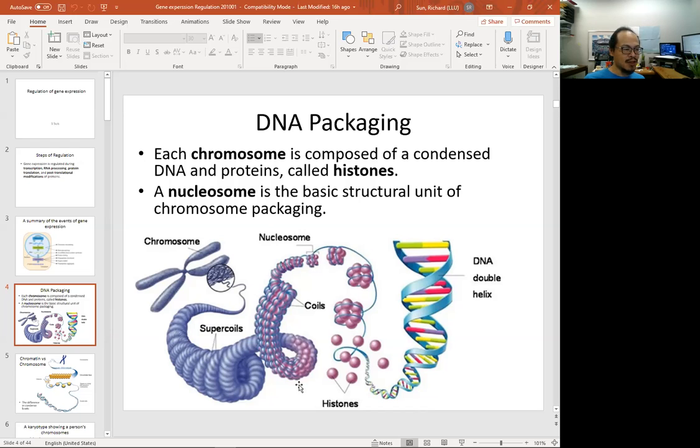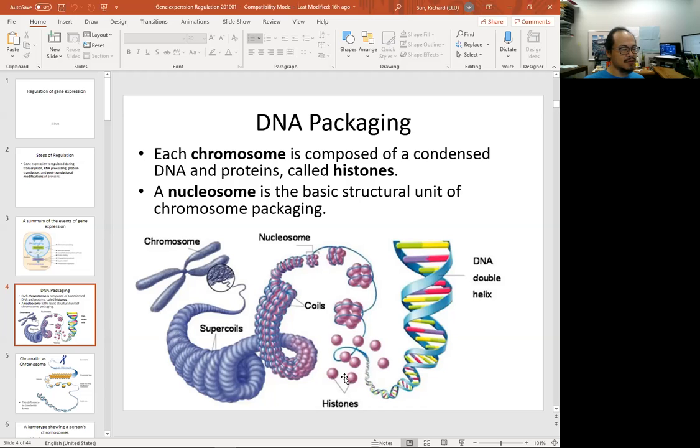This protein is called histone. So histone is a protein. The function of the histone is to provide this spool for the fiber to wrap around. So the function of histone is to provide that central piece so the DNA can wrap around it and make it condensed.